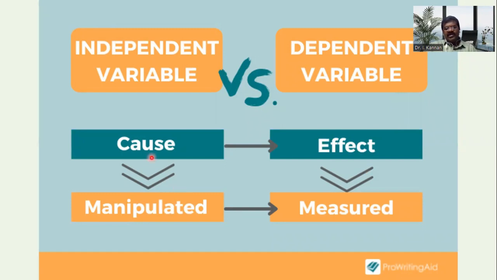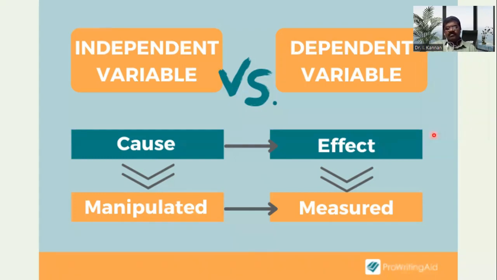Normally, the independent variable can be manipulated. For example, if you are doing an experimental study, you can manipulate some variables. These variables we categorize as independent variables, whereas the dependent variable will have some effect because of this manipulation, and this effect can be measured.